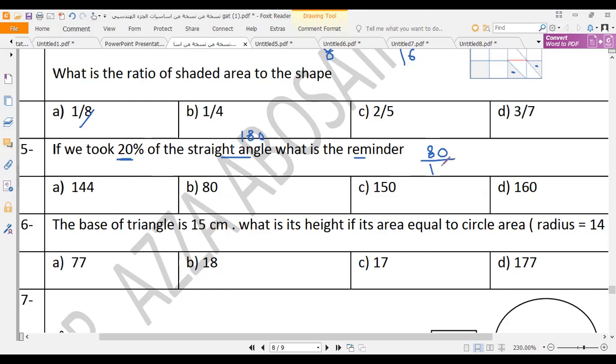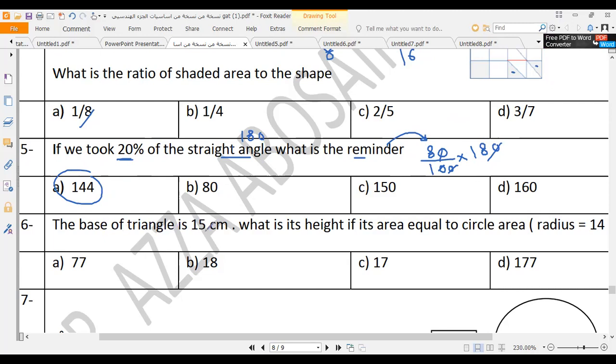Okay, Salma? It's 80% times the 180, okay? So this is the remainder percent. So now let us simplify together. You have 18 times 8. If you multiply, you will get 144.